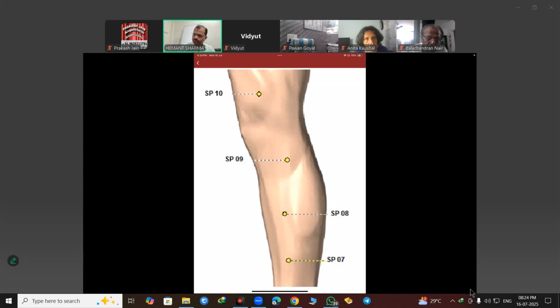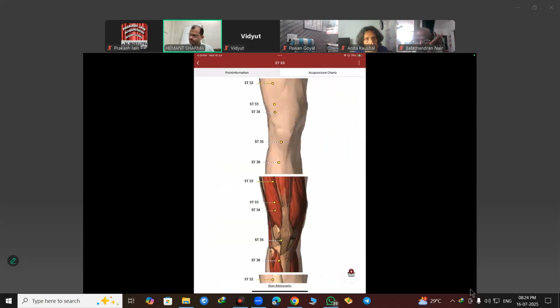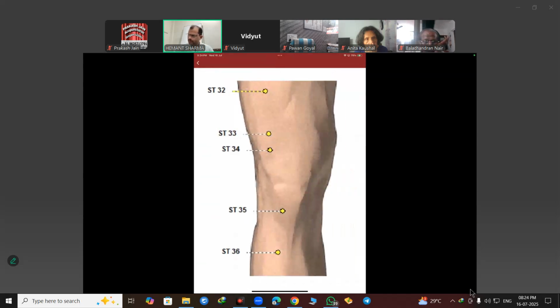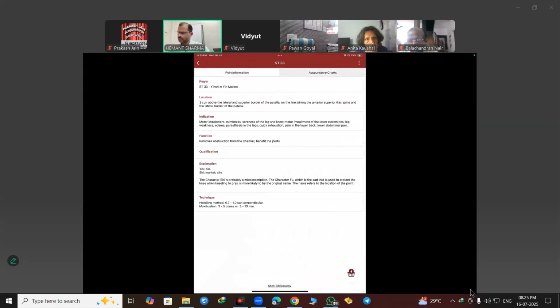Then stomach 33. Stomach 33 is the point also on the lateral side of the knee. See, both points are nearby. This is the stomach 33 point. Okay.